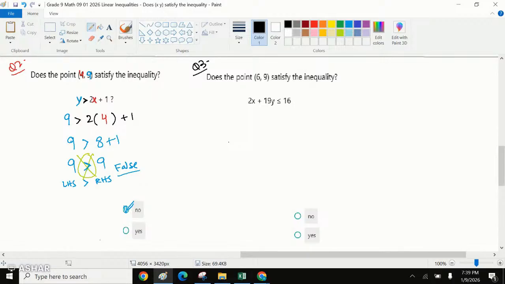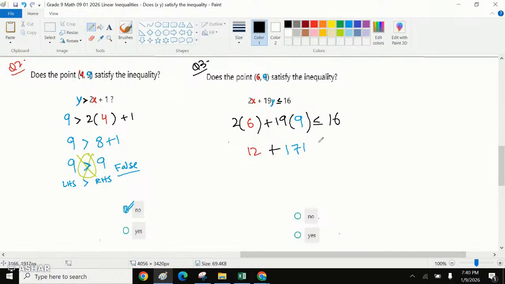This is given as 2x plus 19y is less than or equal to 16, right? We have the value of x, that is 6, and the value of y would be 9. So can we substitute? 2 times x plus 19 times y should be less than or equal to 16. Let's substitute. X was 6, y was 9. 12 plus 19 times 9 is 171.